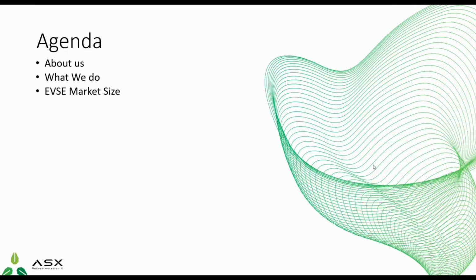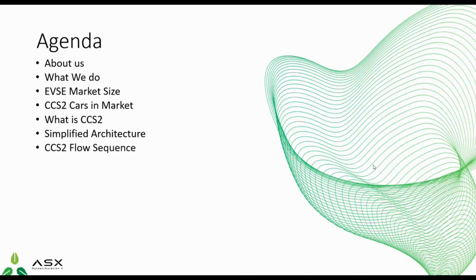What is the EVSE market size currently? How many CCS2 cars are in the market, and how many people prefer the CCS2 protocol for their charging? Then what is CCS2, its simplified architecture, and the flow sequence for CCS2? The basics of CCS2, and then the potential failures.